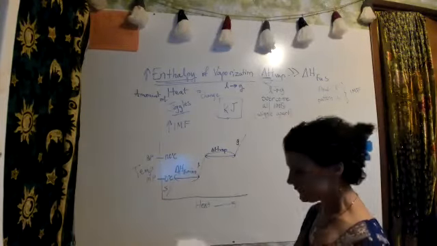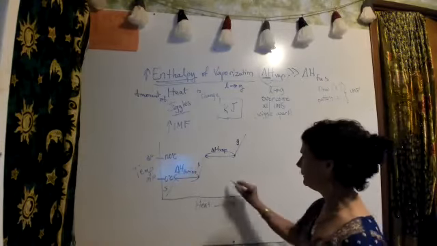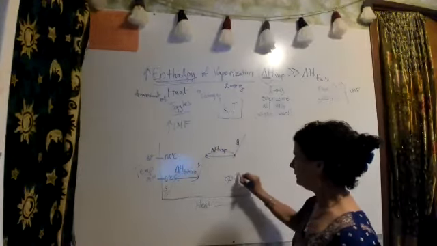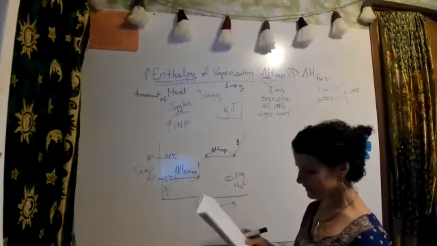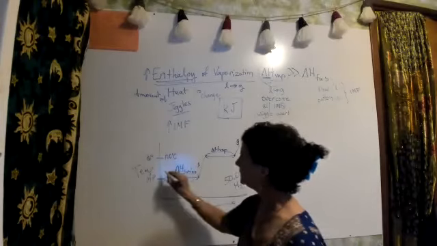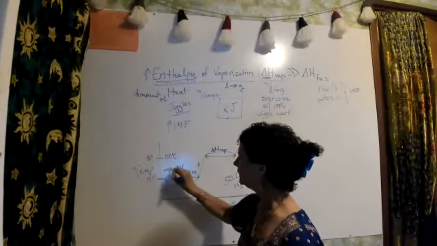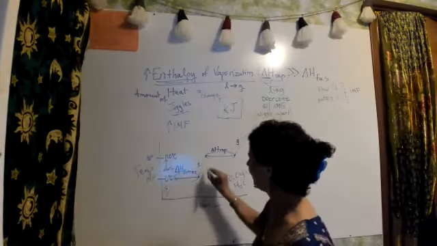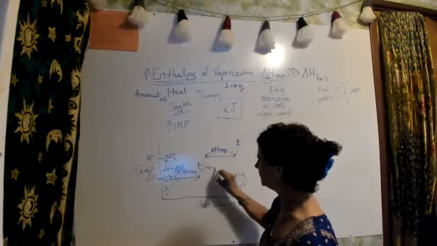I recommend filling those in, and then if we look at the example, it says we're going to deal with 50 grams of H2O, and we're starting at 40 degrees and going until it becomes a gas. So on the curve here, we're starting around here at 40 degrees.